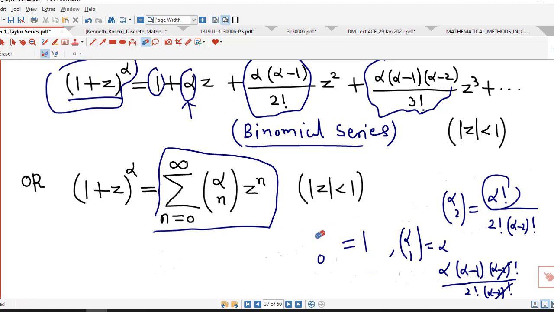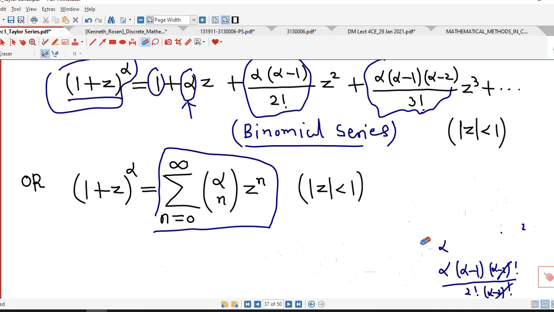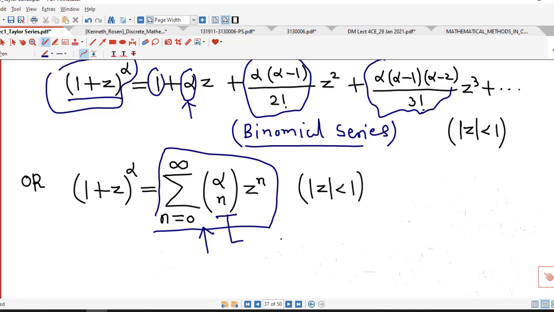Either they can ask you in this sigma notation or in the other notation, but both are the same thing. We are writing this right hand side series in sigma notation. These coefficients are known as binomial coefficients because they are the coefficients in the binomial series.